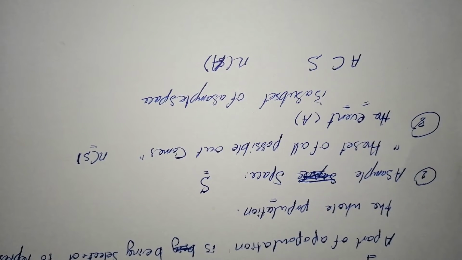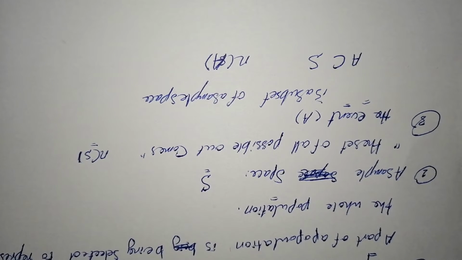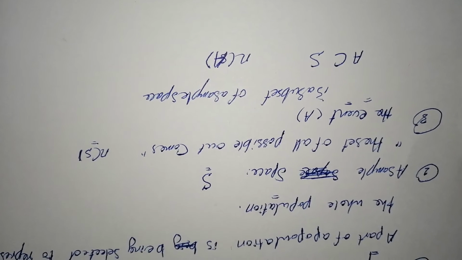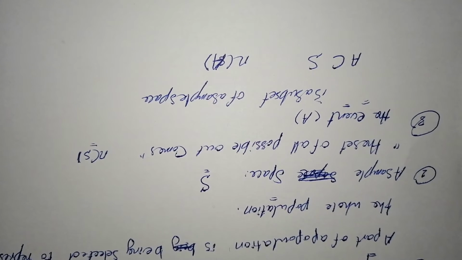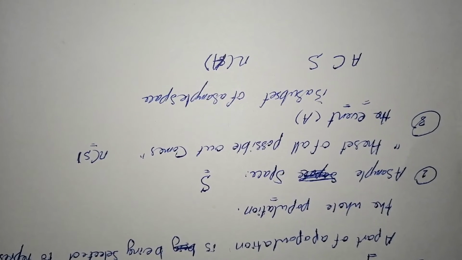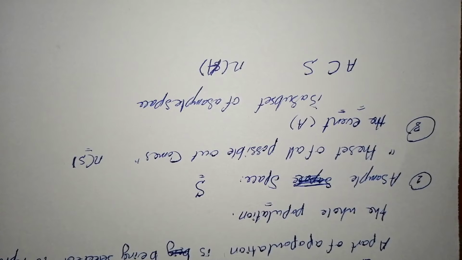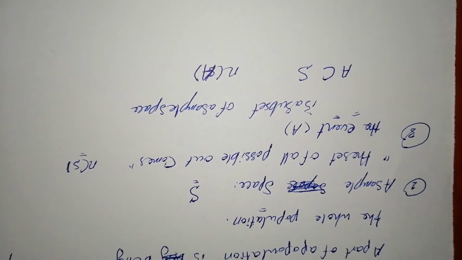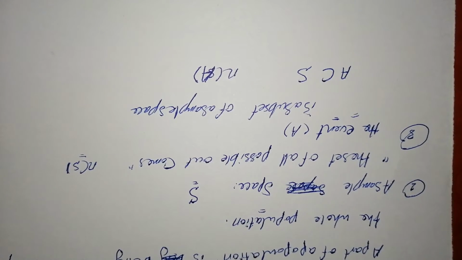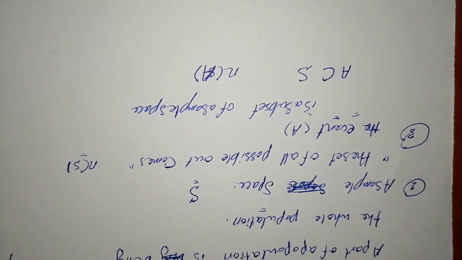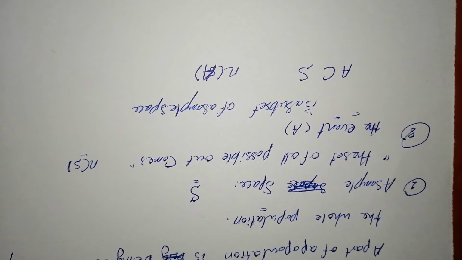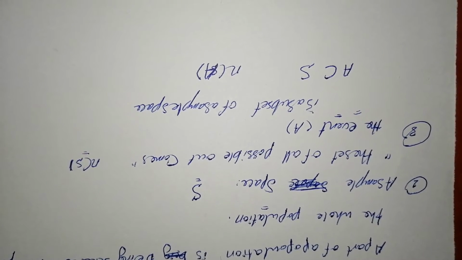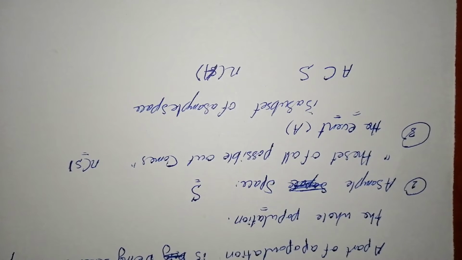So for example, if you want to take a sample from your class, you are going to take a student of our class, and this student will represent our class. If we want to know the levels of our class, we can take one or two students and ask them and know their levels, and we can determine the level of our class by determining the levels of these two students.